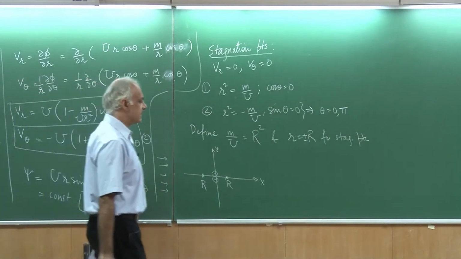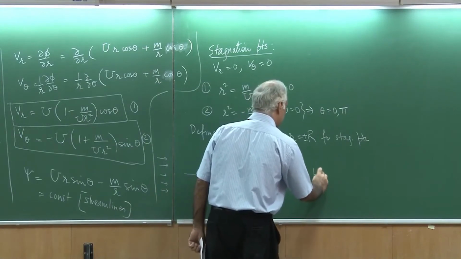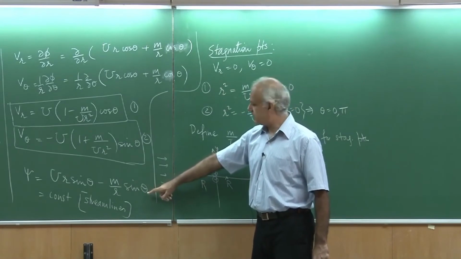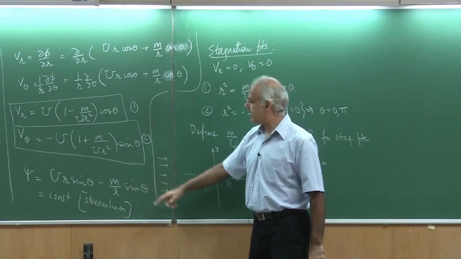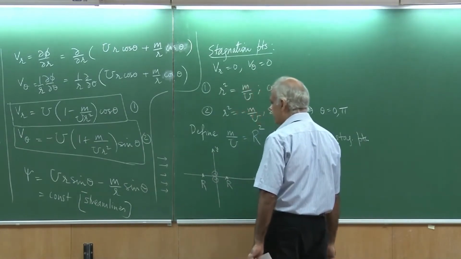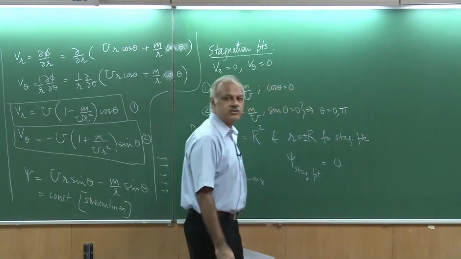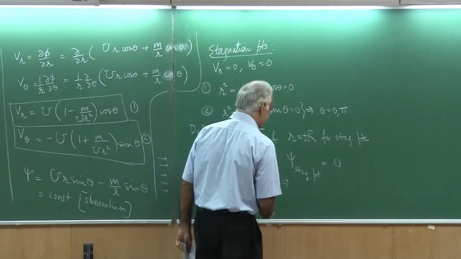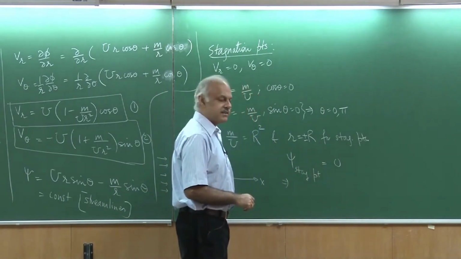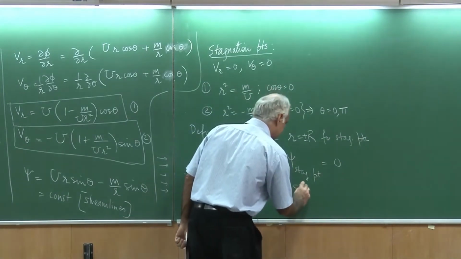What about the stream function? Let us calculate psi at the stagnation point. So, this is my definition of the stream function, and clearly if I put r equal to capital R and theta equal to 0, then I see that the stream function goes to 0. So, what this means is that the streamline that passes through the stagnation point corresponds to psi equal to 0, and that we will call as the stagnation streamline.